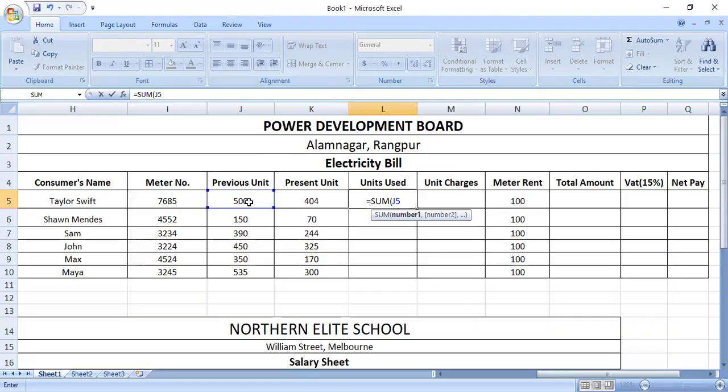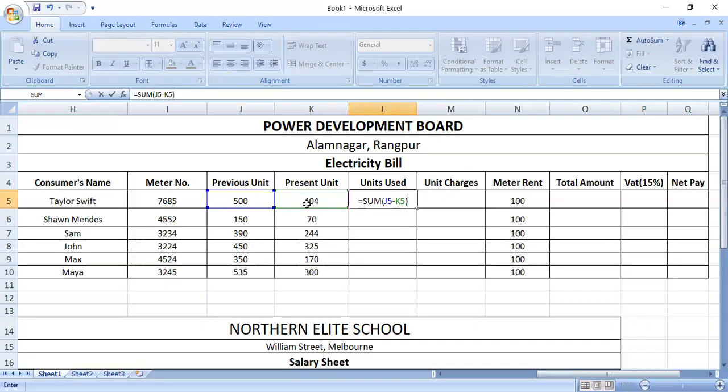Then subtract K, the present unit, from it. The present unit is in column K, row 5, so it's K5. Okay. How do you see you have written the right name?